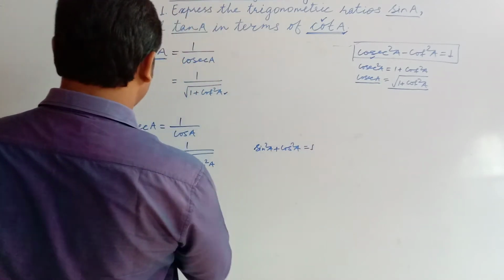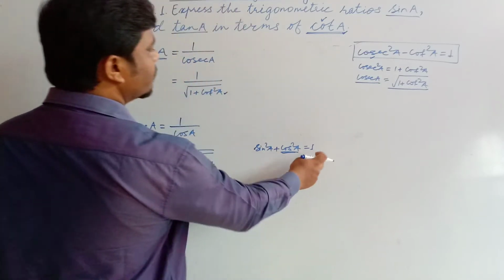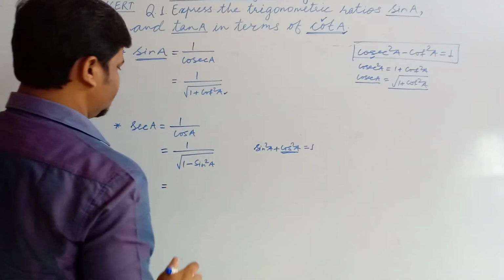So cos A equal to under root 1 minus sin square A we can write.